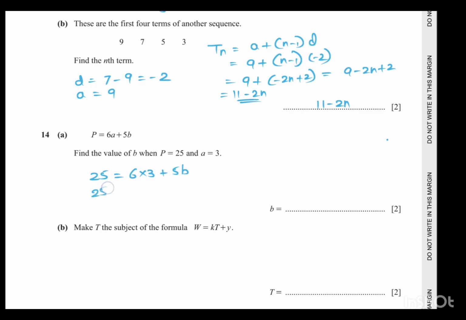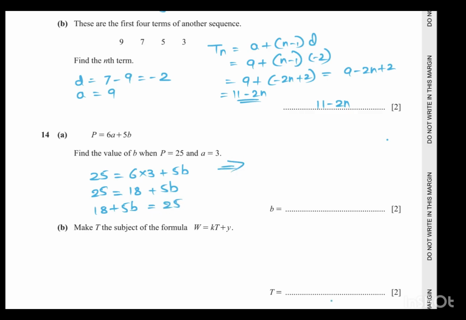Then simplify it: 25 is equal to 18 plus 5B. Keeping 5B on the left hand side, I can flip the equation and write 18 plus 5B on the left hand side and 25 on the right.